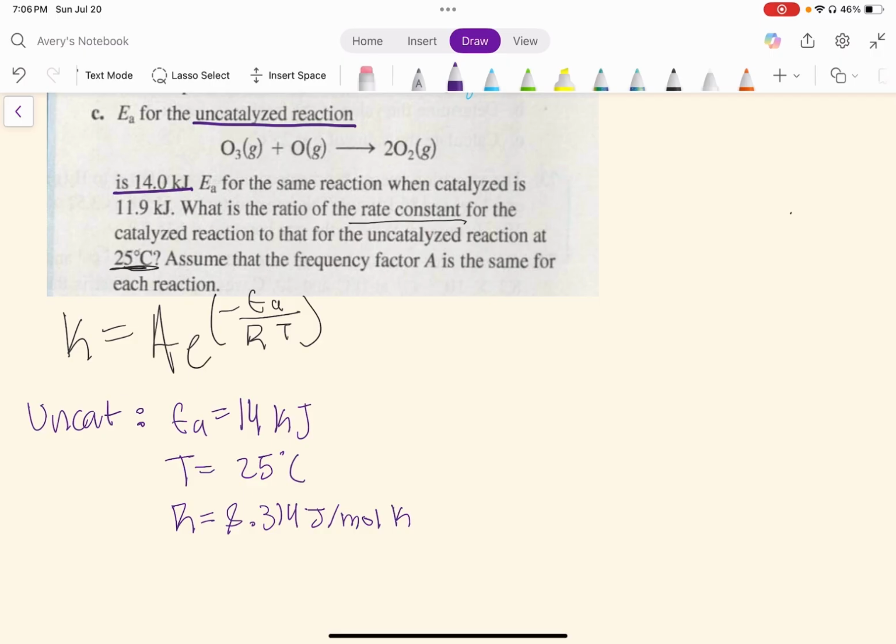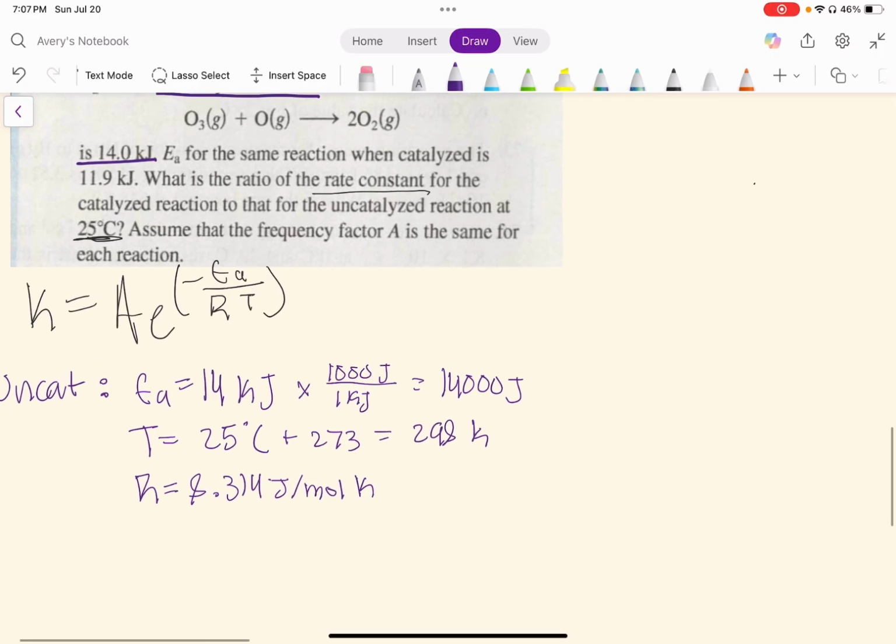Since we're using this one, we need to make sure our units match up. So we turn the 14 kilojoules into joules by multiplying by 1,000, since there are 1,000 joules per kilojoule. That gives us 14,000 joules. Then we add 273 to our Celsius to give us 298 Kelvin.